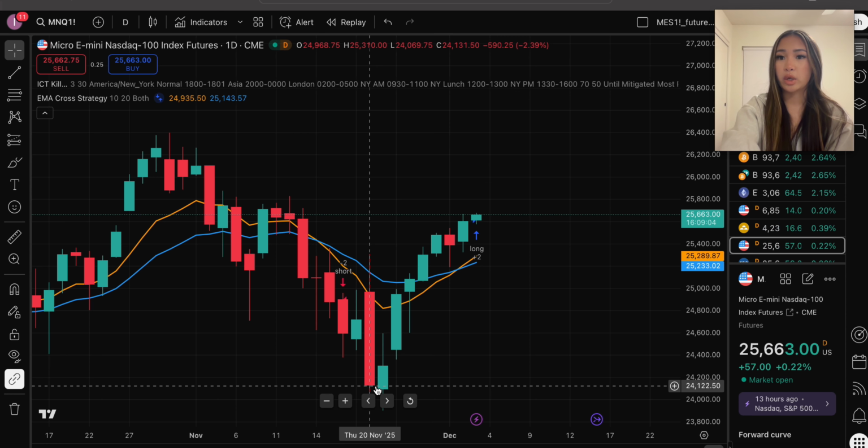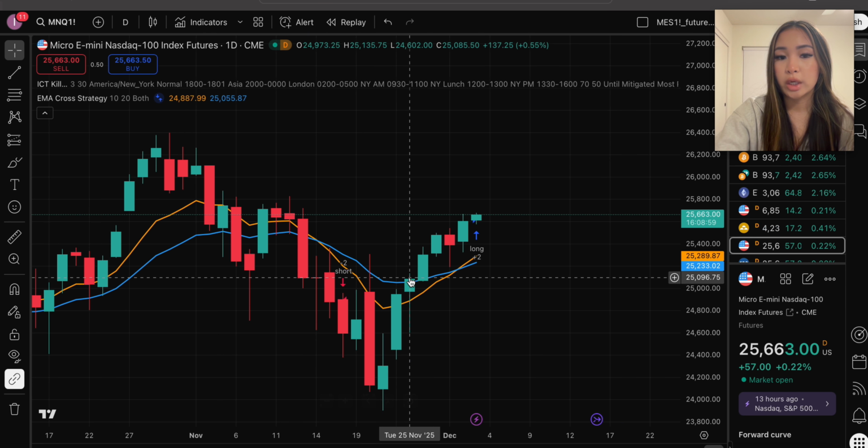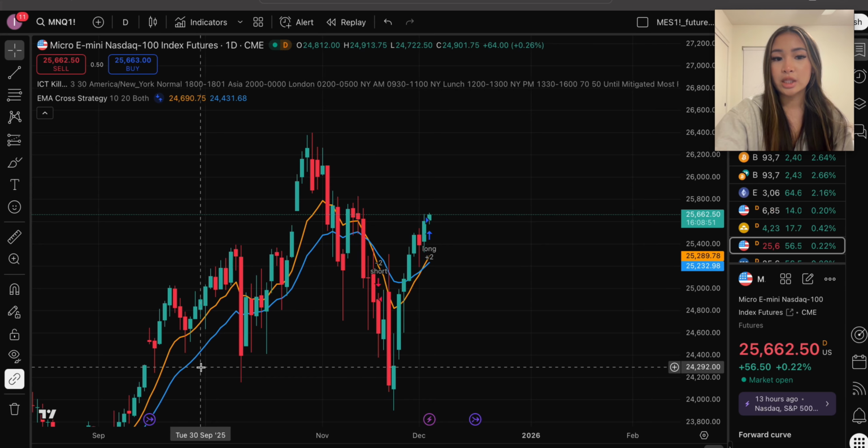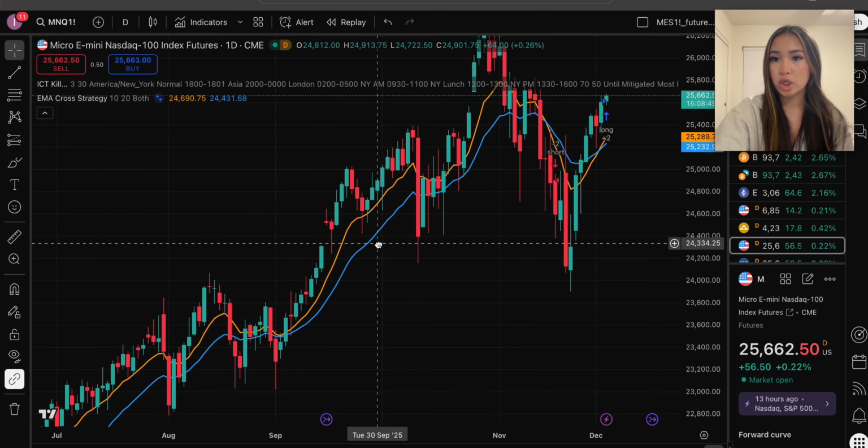I know it could sound confusing at first, but the reason why you want to understand what that means in candlesticks is because when you zoom out, it shows this overall market structure.